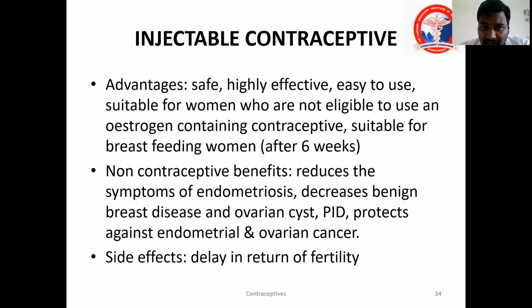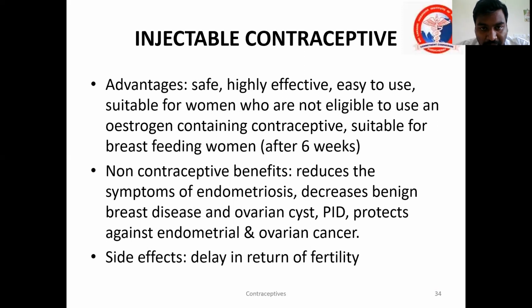Okay, what are the non-contraceptive benefits? It also has non-contraceptive benefits. As I told you, it can be given for endometrial cancer, ovarian cancer, benign breast diseases, ovarian diseases, and endometriosis. These are all non-contraceptive benefits. Like everything, this also has a side effect, that is return of fertility is delayed. As I told you, with an IUD, fertility is reversed once the device is taken out.